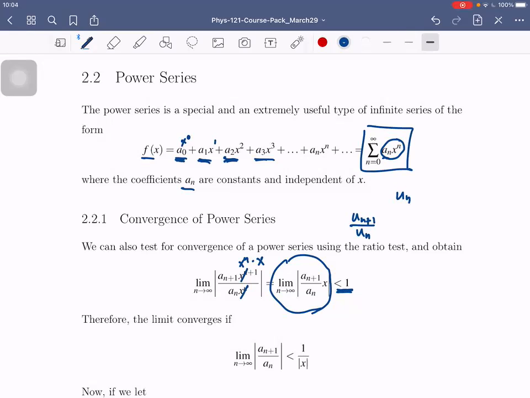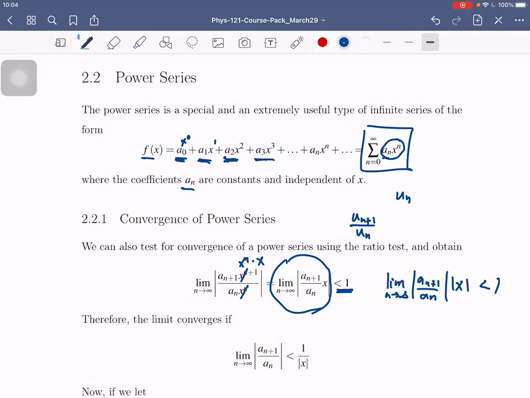So since yung x is just another parang parameter, pwede natin gawing limit ng a sub n plus 1 over a sub n times absolute value ng x should be less than 1. Okay, so we can, as n approaches infinity.